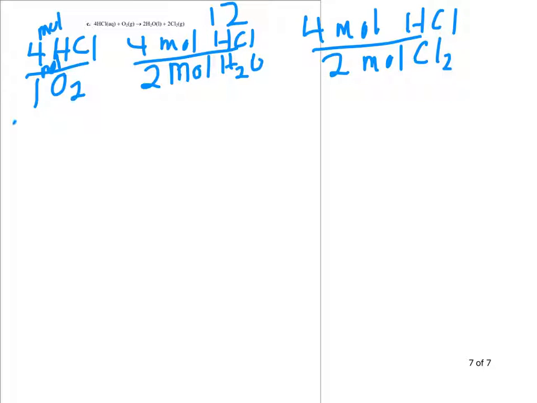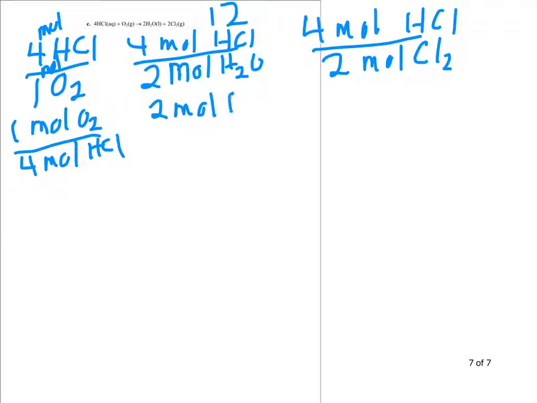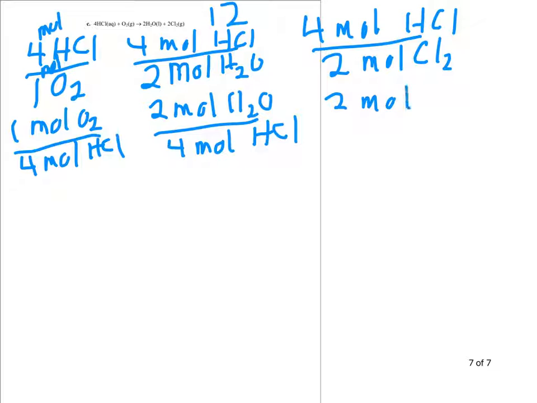Flip them all over. 1 mole of O2 over 4 moles of HCl, 2 moles of H2O over 4 moles of HCl, and 2 moles of Cl2 over 4 moles of HCl.